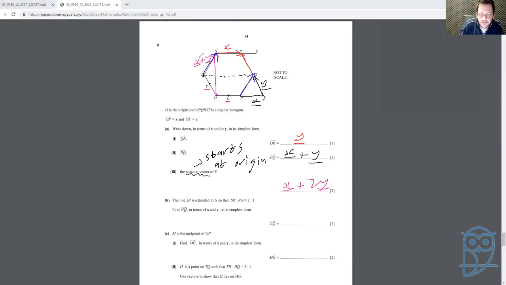If you didn't see that that and that were the same, you could just as easily have taken y, drawn another y up there, and then drawn another x over there, and then you go y plus x, 2y plus x.